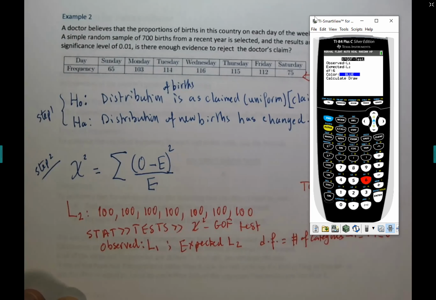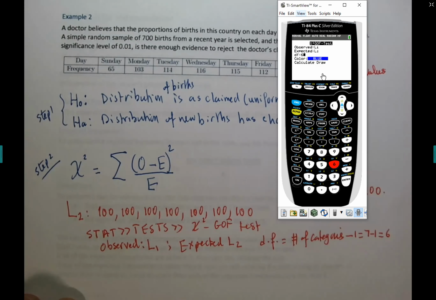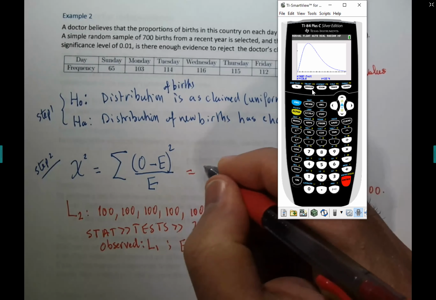Okay, there you go if you want to see that. And now I'm ready to just hit draw. If you want to see it in action, look, right tail. Chi-square is a right-tail test always. So if you sketch it by hand, this is how you sketch it. So you're going to see the p-value, and oh, the p-value is very small, and the test statistic is 26.8. Okay.